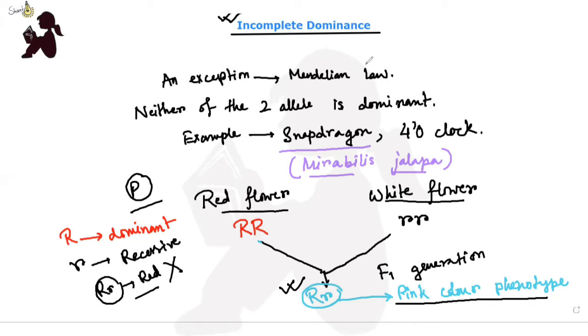Now after that, there was a selfing of the F1 generation, which means capital R, small r crossed with capital R, small r. So now the Punnett square is here.